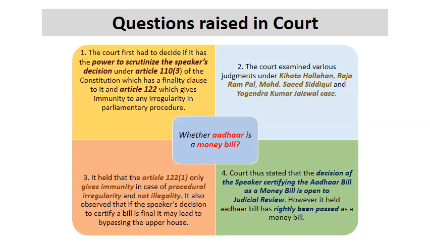Reading Section 7 along with the preamble and the title of the Act, the court held that the major concern of the Act deals with expenditure arising out of the Consolidated Fund, and other provisions such as Section 57 are only ancillary in nature, which is covered in Article 110 subclause (g). And thus it held that the Aadhaar bill has been rightly passed as a money bill.